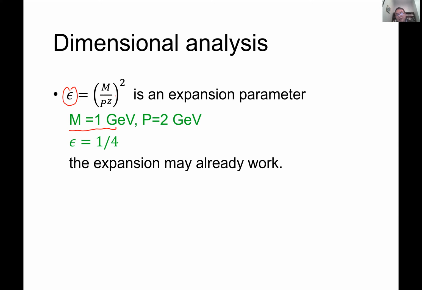And so you get a quarter. And a quarter may not be a bad expansion parameter because, you know, a lot of people are doing large NC physics, large number of colors, with NC equal to 3. So people made expansions in 1 over NC. So in any case, this is a sort of pessimistic, optimistic way of thinking about this expansion. And P equal to 2 GeV may not be a bad approximation if this expansion actually works.